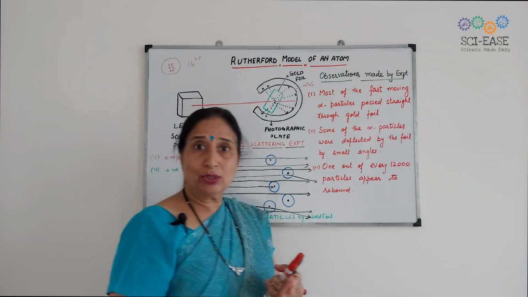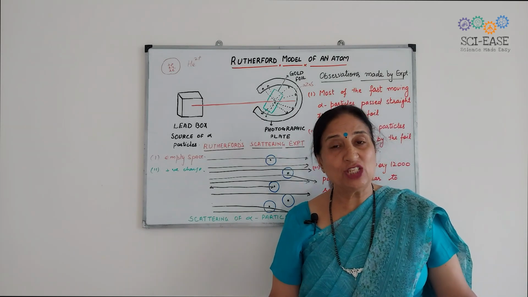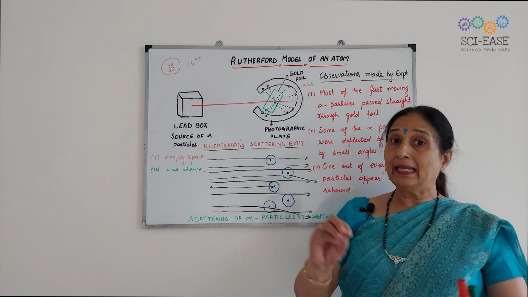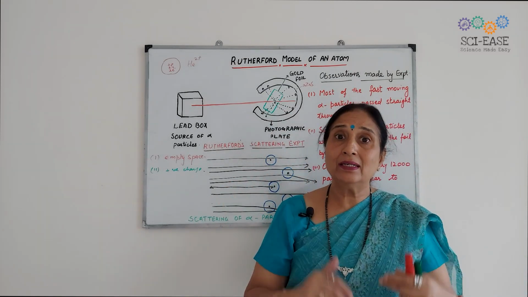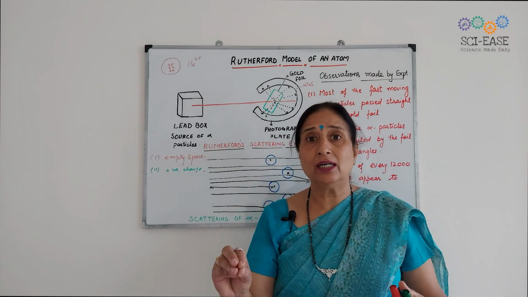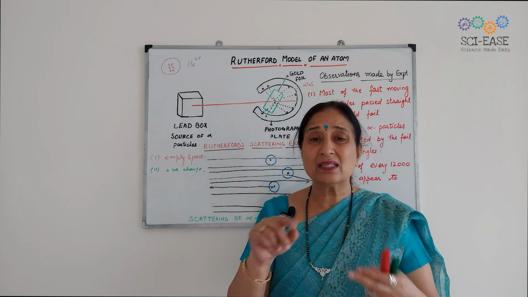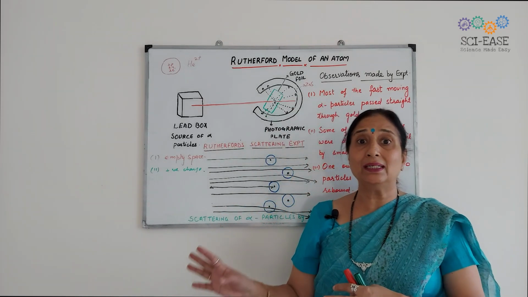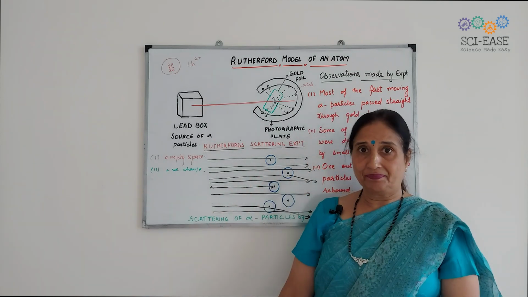So, he came to the conclusion that there is a lot of empty space in the atom, and there is some positive charge in the center. And third thing, the positive part, or you can say nucleus, occupies very little space in comparison to the size of the atom.